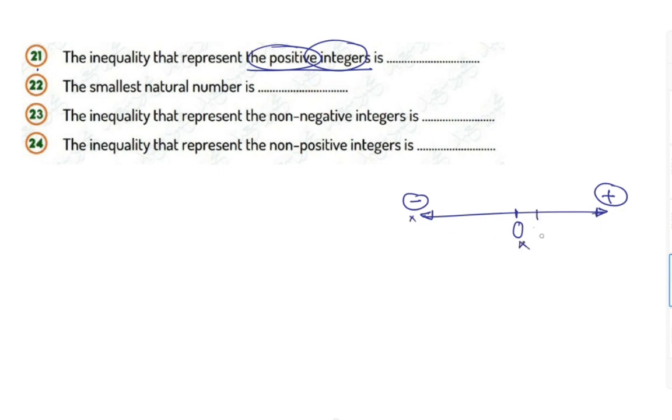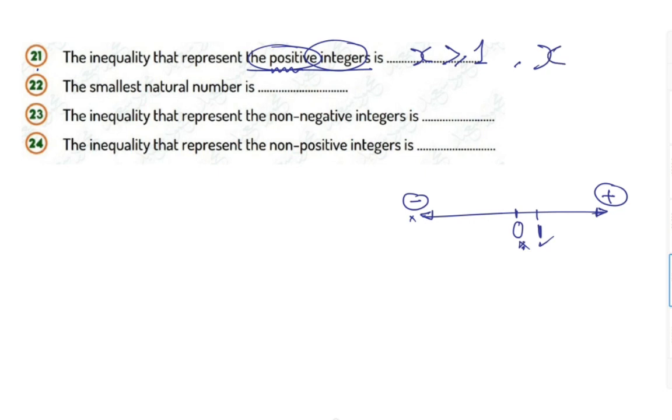So I will start with 1. Any number x greater than or equal to 1 is right. I start with 1 because 1 belongs to the positive, then 2, 3, 4, 5. I can write it with 0, but 0 does not belong to the positive.